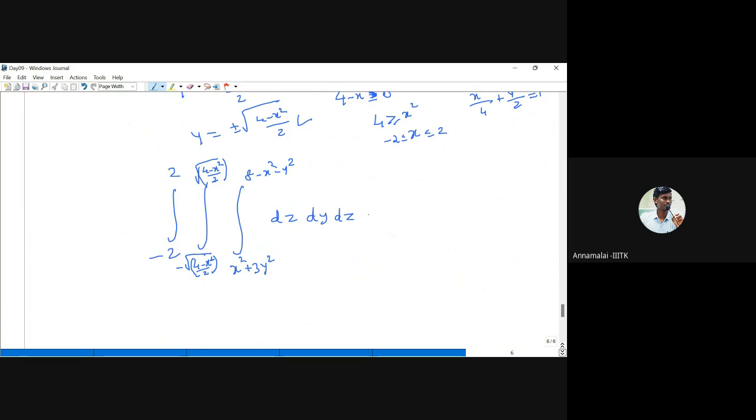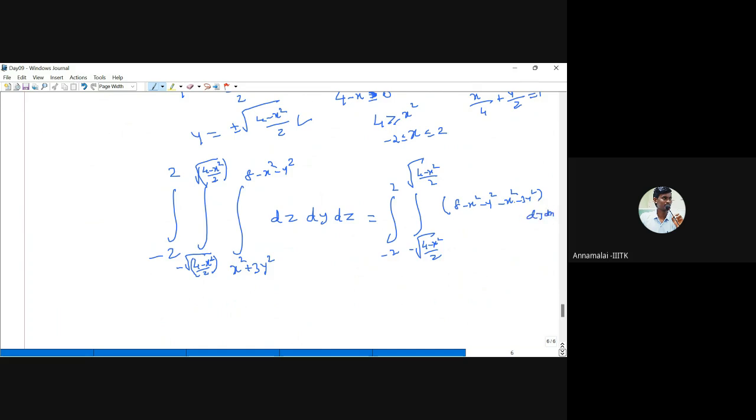Okay, so if you integrate this, integral from minus 2 to plus 2, integral from minus square root of (4 minus x square) by 2 to plus square root of (4 minus x square) by 2, dz. If you integrate dz, we get z. The upper limit minus lower limit: 8 minus x square minus y square is the upper limit, minus x square minus 3y square is the lower limit, into dy dx.